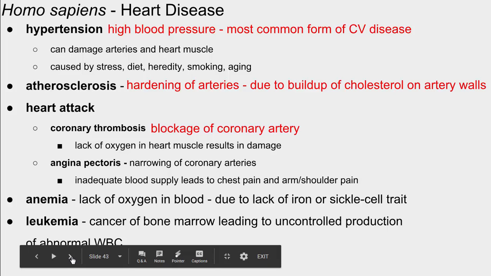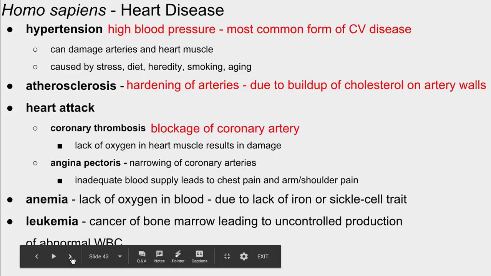So often, as there are signs and symptoms of issues with the coronary arteries, a person may get chest pain, may have pain radiating down their arm, may find it difficult to exert themselves because their heart's not getting the supply of oxygen that it needs.